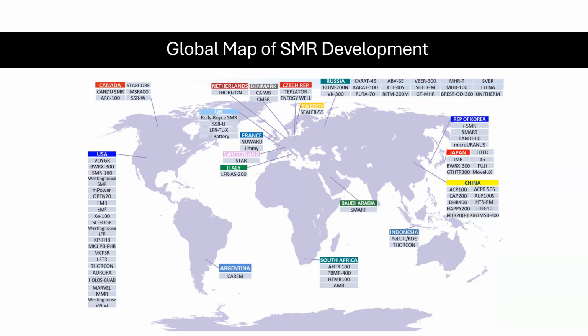We can go ahead here. This is an example of global SMR development around the world, small modular reactors. Saudi Arabia, mashallah, considered the SMART reactor, but I think that project is on hold, and hopefully they get involved in another. That was a project with Korea.